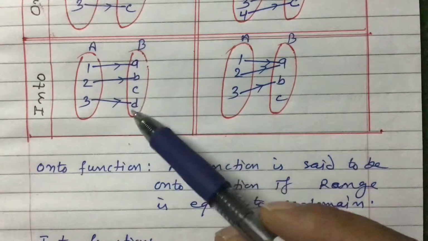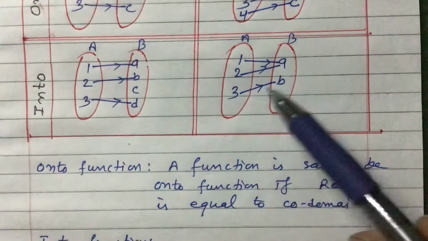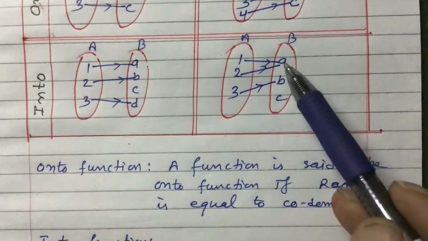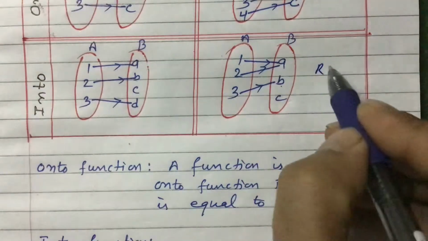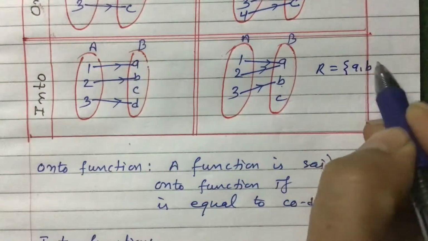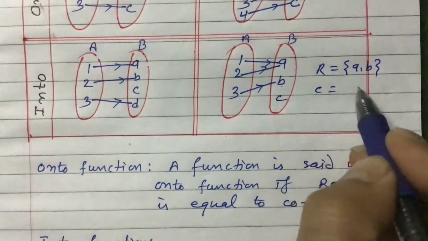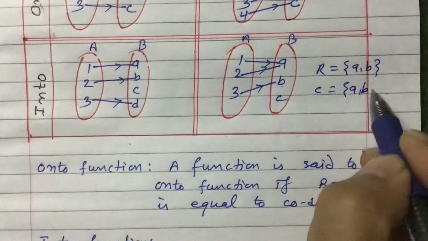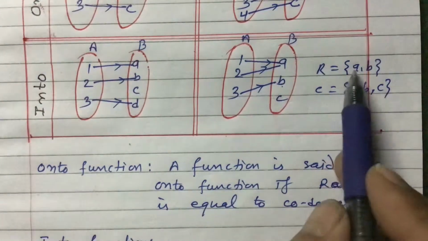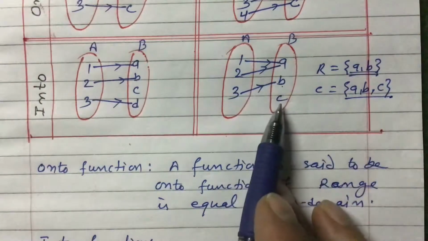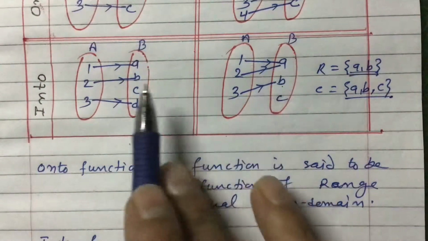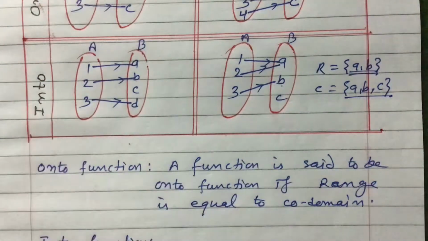Here also, range contains two elements A and B, codomain contains A, B, C. So range is a proper subset of codomain. Then in this condition the function is said to be into function.